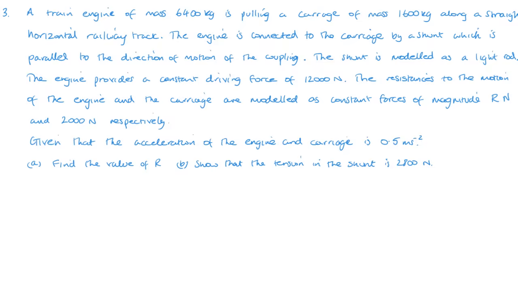So I've got a train engine of mass 6,400 kilograms. That's not just the engine, it's the front of the train that contains the engine. And it's pulling a carriage of 1,600 along a straight horizontal railway track. So let's draw that out.